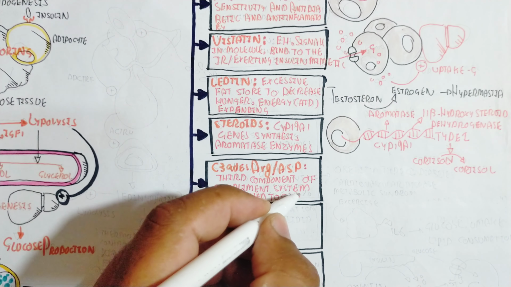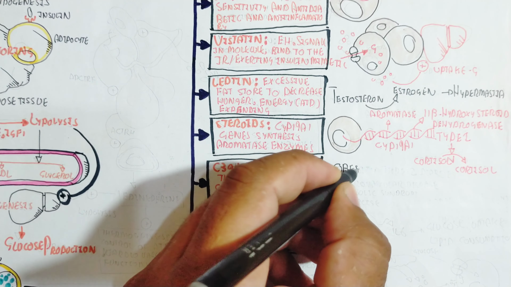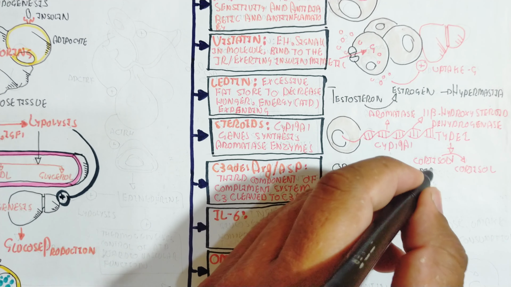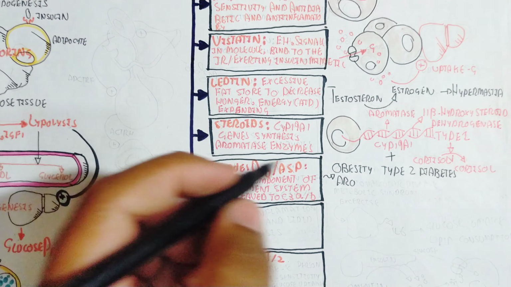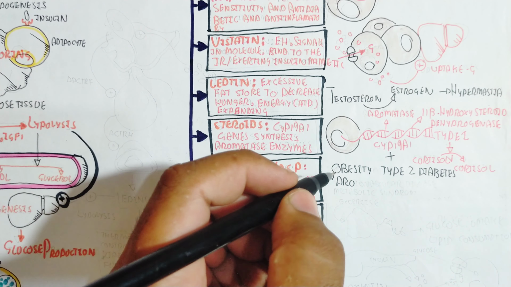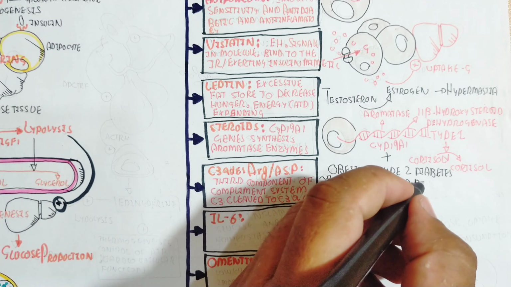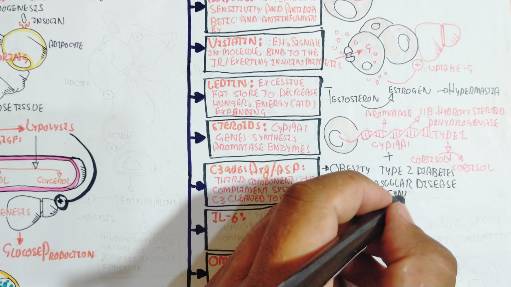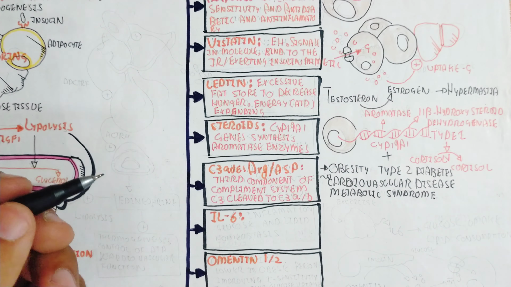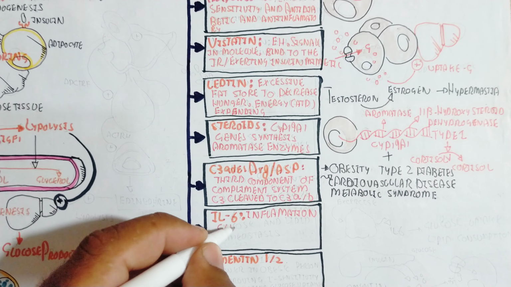The CYP19A1 gene is involved in the synthesis of the aromatase enzyme, while the C3a, ASP and arginine are released. The third component of the complement system, C3, is cleaved to C3a and C3b, which will lead to cardiovascular disease and metabolic syndrome.